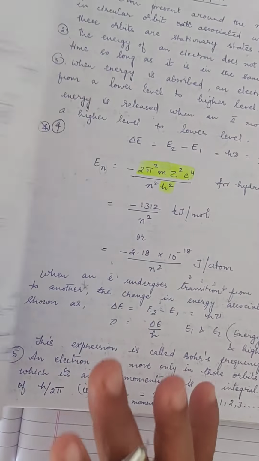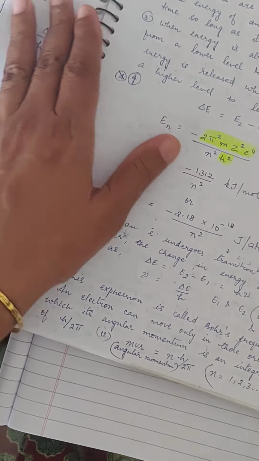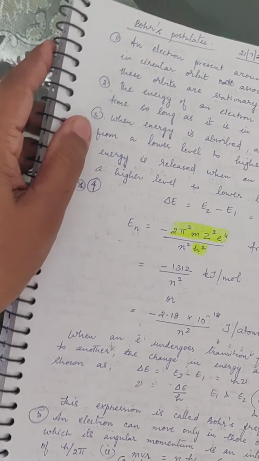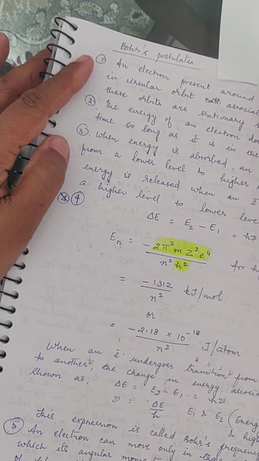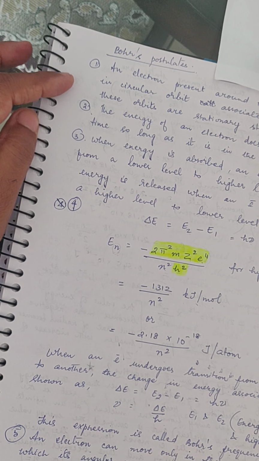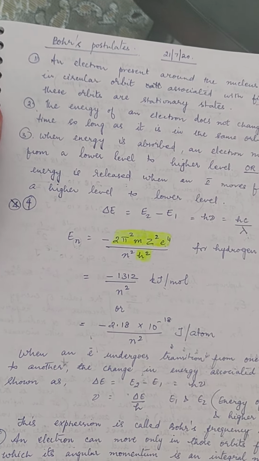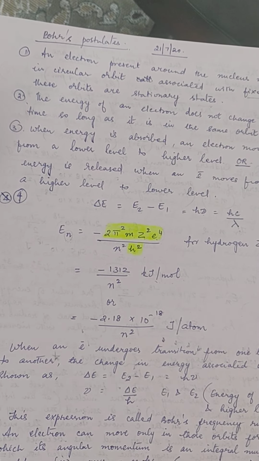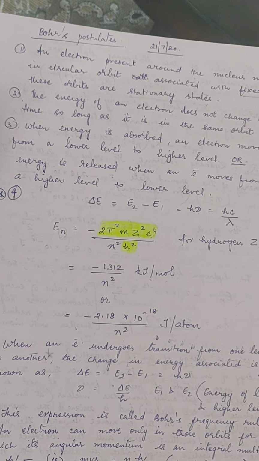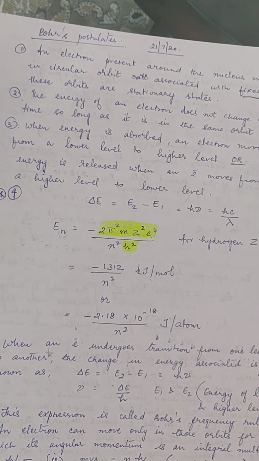Now let us go to Bohr's postulates. What is the study conducted by Bohr? What did he say? What are the points that he put forward? They are called Bohr's postulates. An electron present around the nucleus moves in a circular orbit associated with fixed, quantized energy.